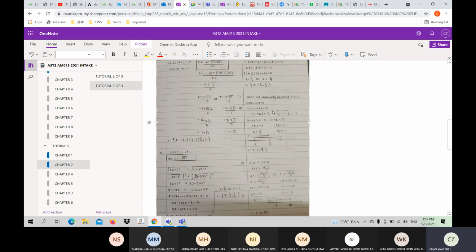Ini cara ini, kalau kamu semua sudah tengok itu lecture punya video, kamu akan faham ini gambar rajah yang saya lukis. So saya harap semua sudah tengok video itu.